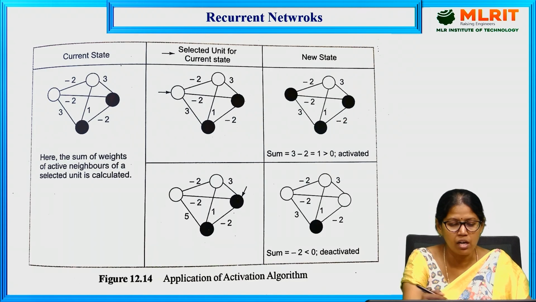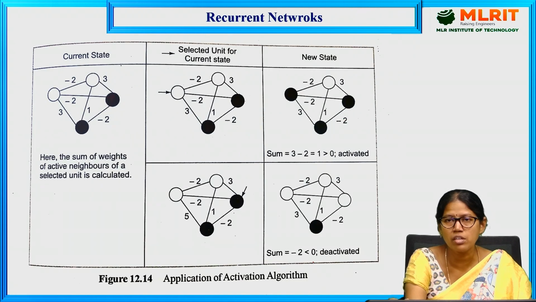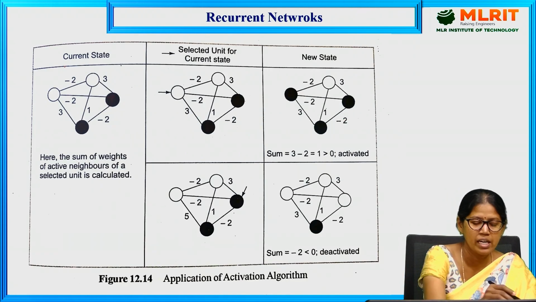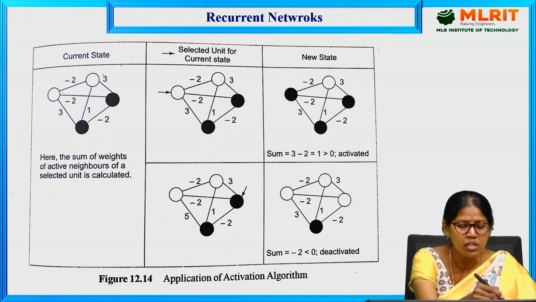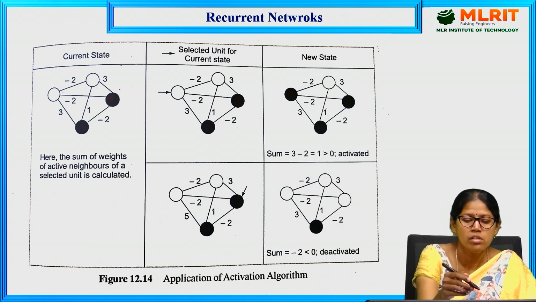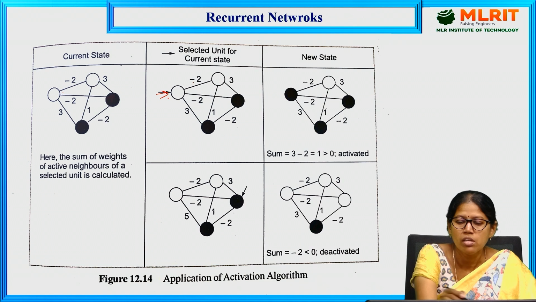So next is the application of the activation algorithm. This one is the current state. These nodes are inactive nodes and these nodes are active nodes. For this current state, the first selected node is this one. So the new state is here.